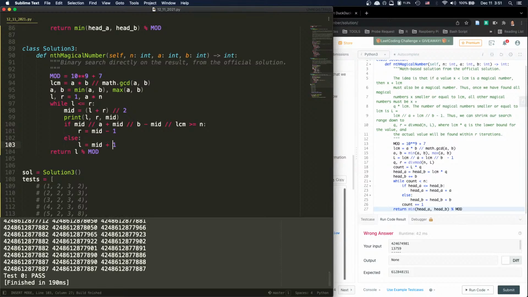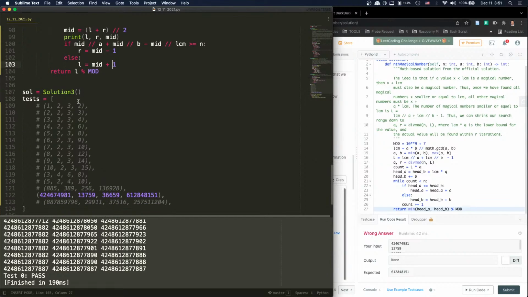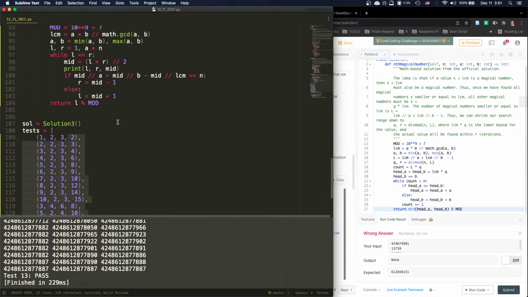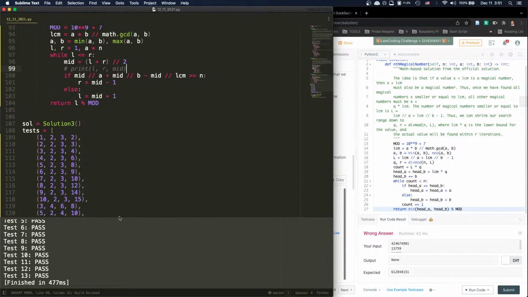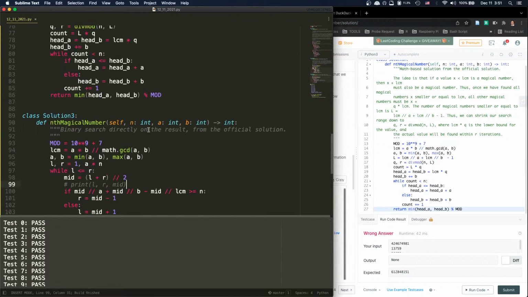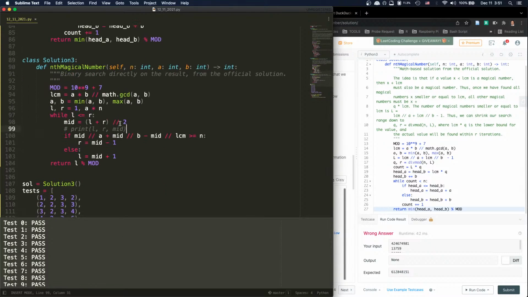Mid plus 1. Oh, mid plus 1. Well, in that case, if mid plus 1, can we change it as well? Yeah, I think I got it wrong earlier. I don't know.